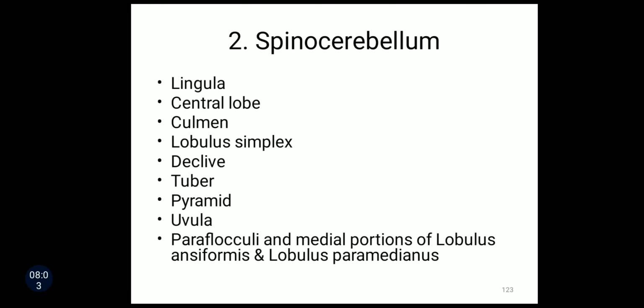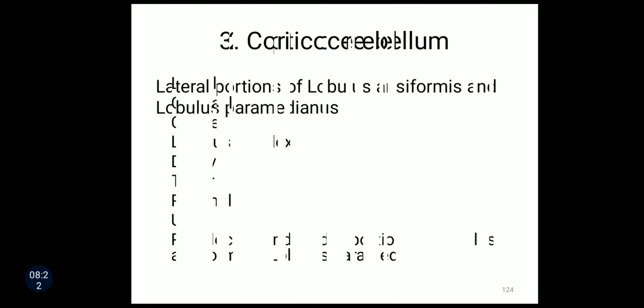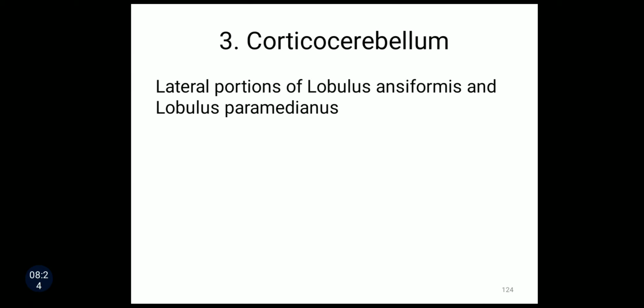Then spinocerebellum includes lingula, central lobe, culmen, lobulus simplex, declive, tuber, pyramid, uvula, paraflocculi, and medial portions of lobulus ensiformis and lobulus paramedianus. And corticocerebellum includes lateral portions of lobulus ensiformis and lobulus paramedianus. So this is about the divisions of cerebellum.